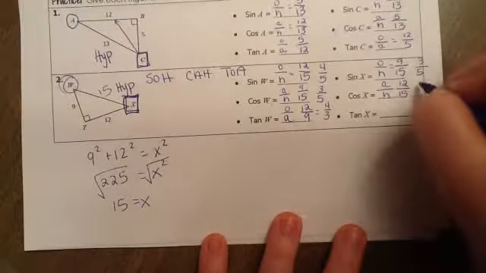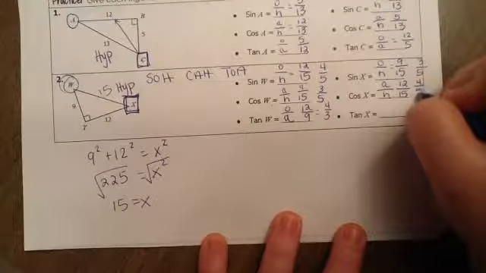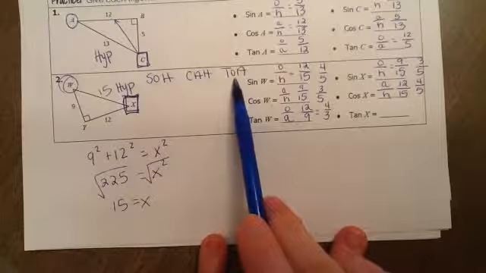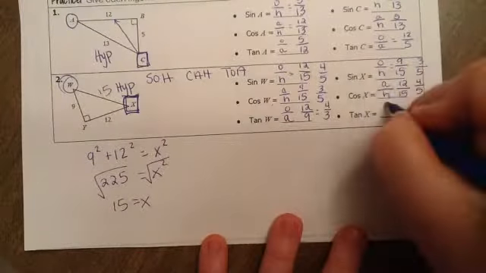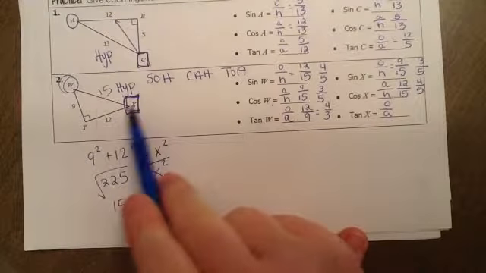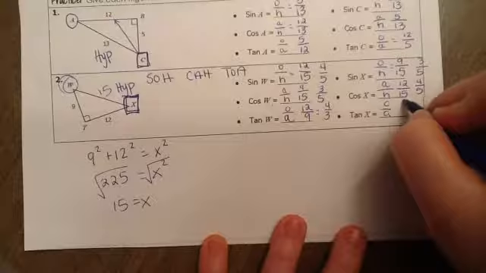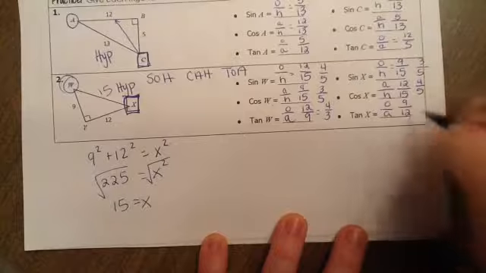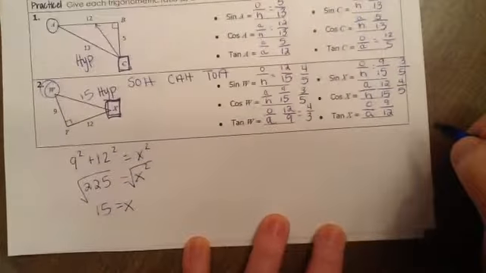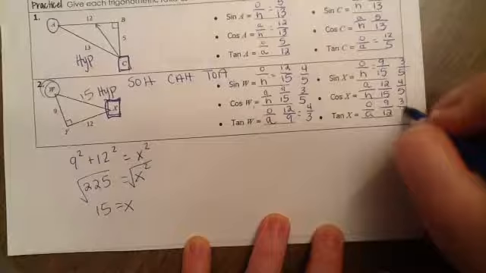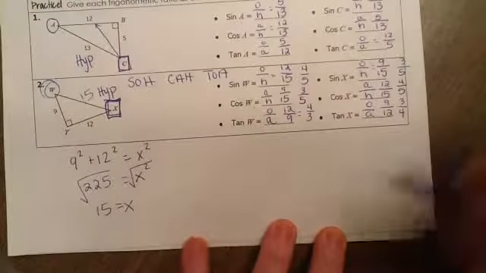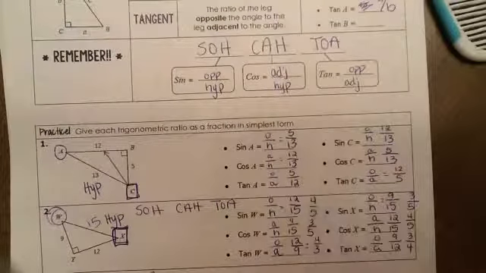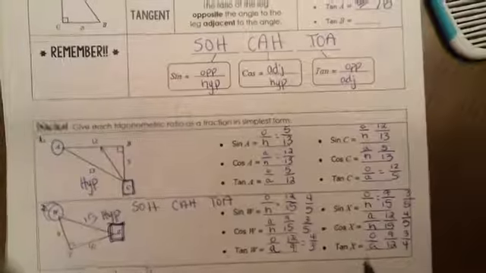Divide these both by 3 and we get 4/5. And lastly, TOA, or tangent, we need opposite over adjacent. Opposite is 9. Adjacent is 12. Divide those both by 3 and we get 3/4. So make sure you use SOHCAHTOA to help you remember the two pieces that you need for each trig function. Nice job, mathematicians.